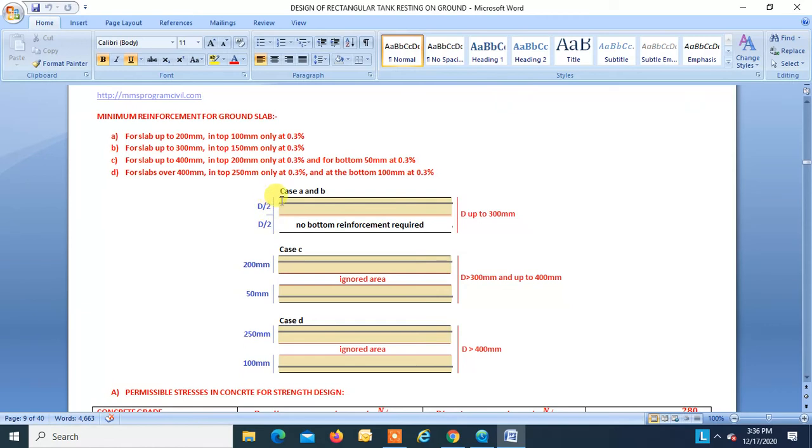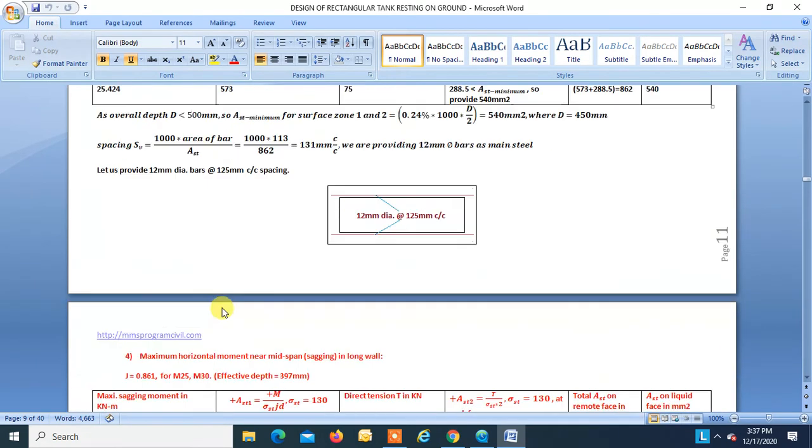So the minimum steel to be provided at top is D by 2, our D is 200, so 200 divided by 2 is 100 into 1 meter into 0.3%. Okay, so that is what I have taken over here.